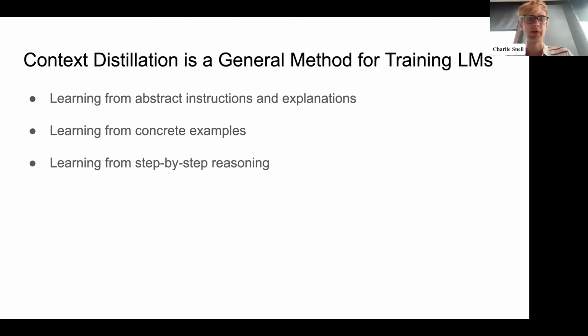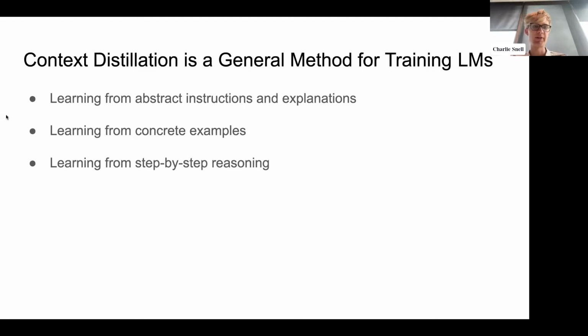And in some cases it might be preferable to fine tuning depending on your use case. So we show this in our experiments by demonstrating that context distillation can learn from abstract instructions and natural language explanations, concrete training examples just like normal fine tuning can, and it can also learn from step-by-step reasoning processes.